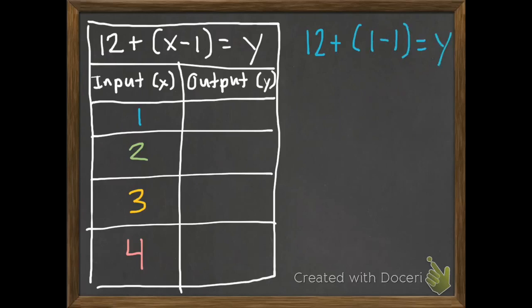So we put in our 1, which gives us 12 plus 1 minus 1 equals y. So we do our parentheses first. 1 subtract 1 is 0. And then we have 12 plus 0, which is 12. So hopefully that one went quick for you. So with an input of 1, our output is 12.